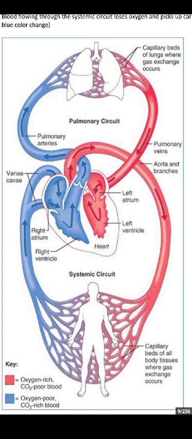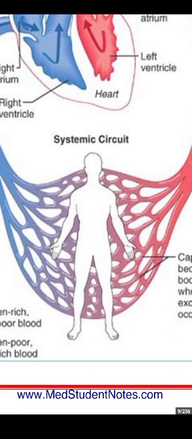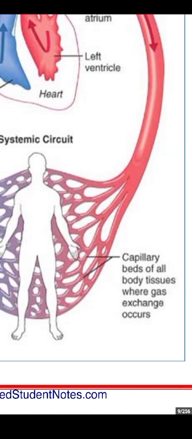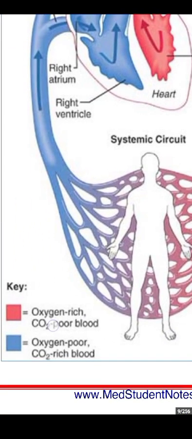So the body contains veins. It's not a complete body, but you can see the image. They are showing the capillary beds of all body tissue where gas exchange occurs. As you can see, the key shows the red is oxygen rich, CO2 poor blood.